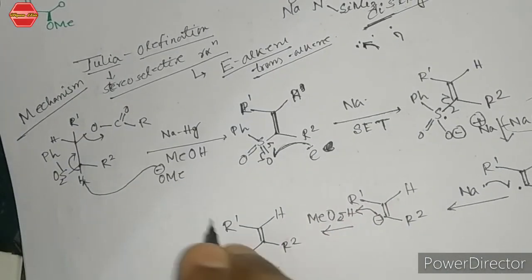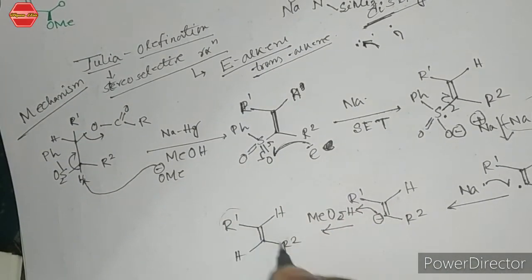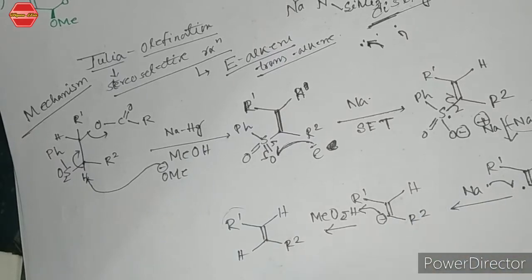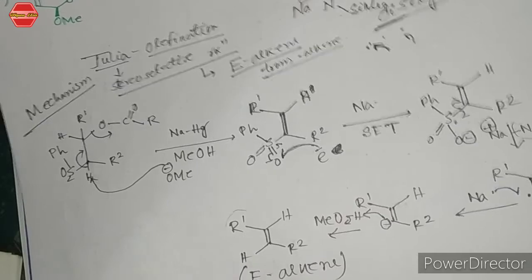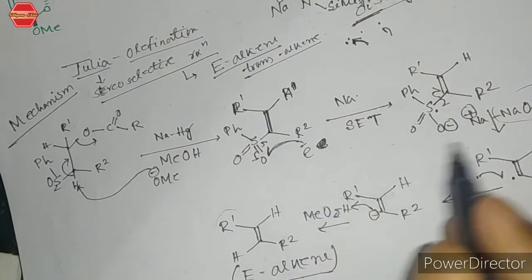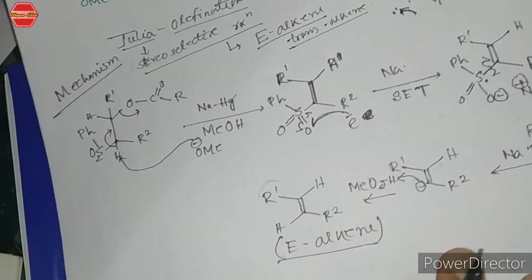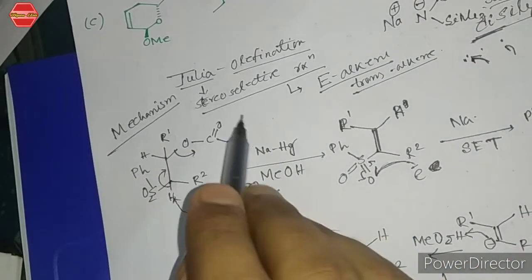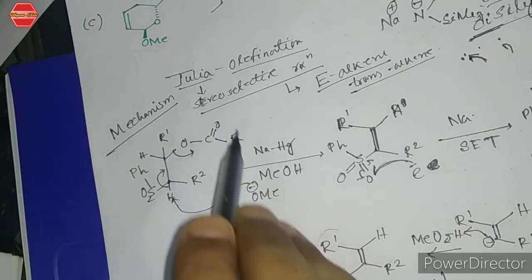Now there is a formation of E alkene, since this R group and this R group are trans to each other, and that is why this is called a stereoselective reaction.